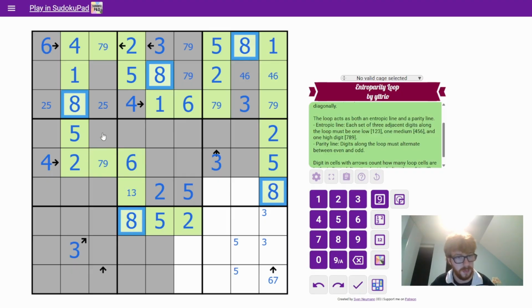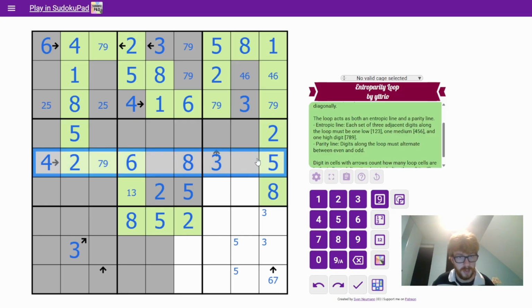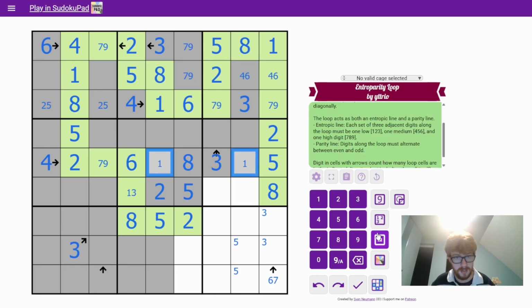Oh, okay, so one of those is an 8. So one of those is an 8, so that's an 8. That is Sudoku. I'm missing 1, 7, and 9. That's not a 1, so we know that that's a 1.